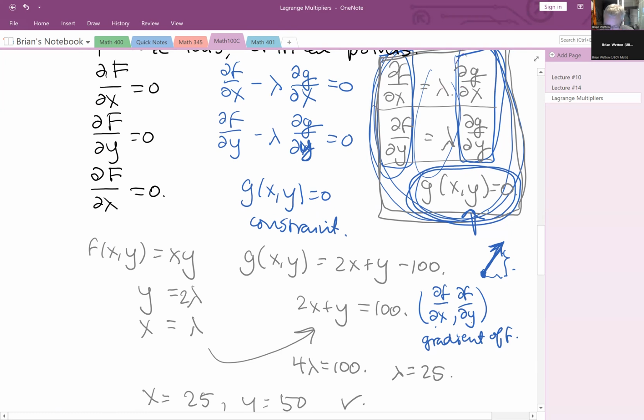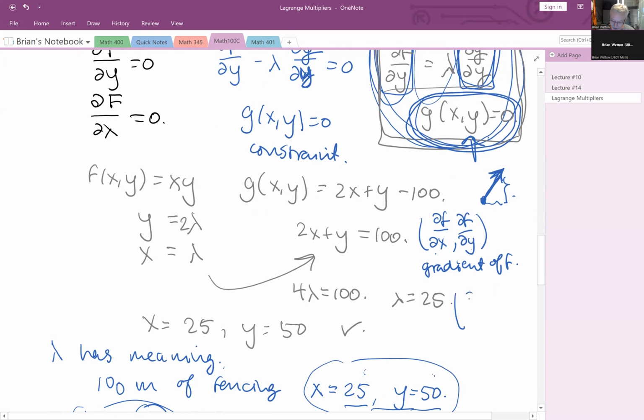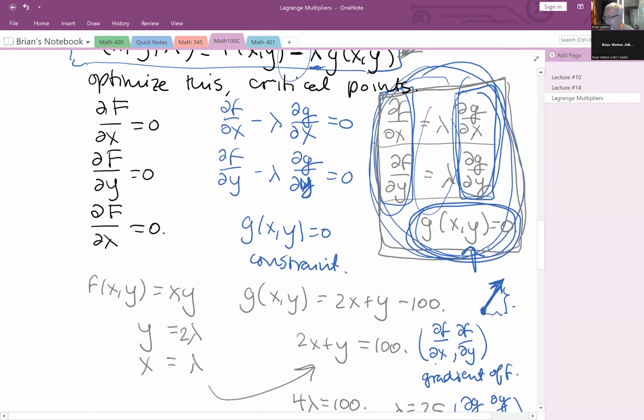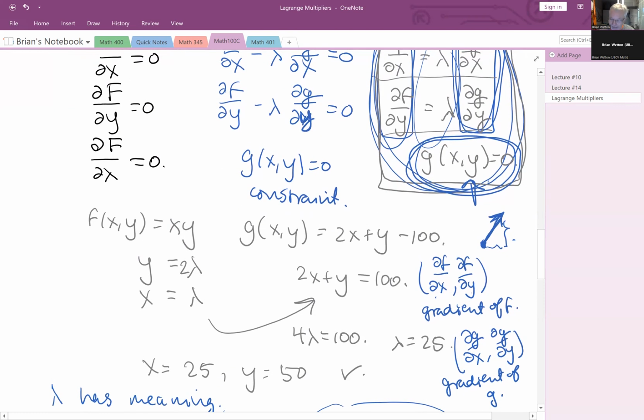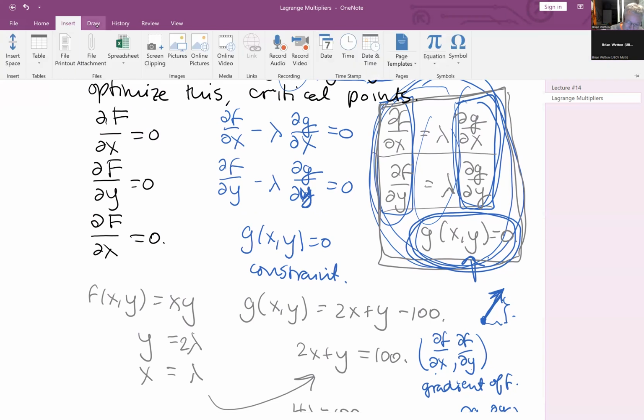And then on the other side here, I've got the same kind of thing multiplied by lambda, but with g's in it. So I've got dg dx, dg dy. That's the gradient of g. Okay, and these two relationships say, not that these two gradients are equal. They're not equal unless lambda happens to be 1, which won't always happen. But they point in the same direction.